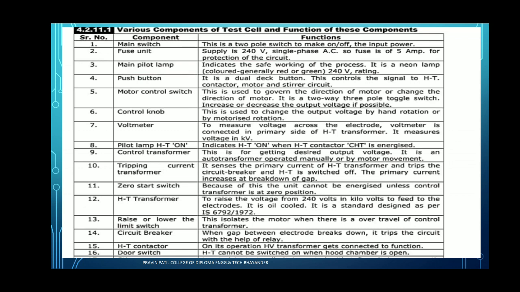Next component, the circuit breaker. When the gap between the electrodes breaks down, it trips the circuit with the help of the relay.